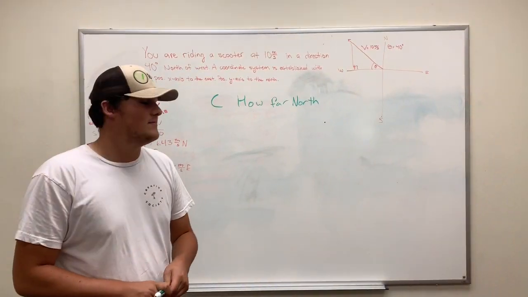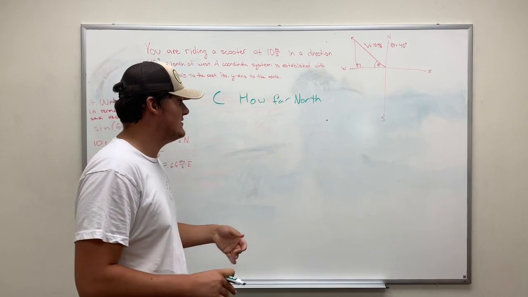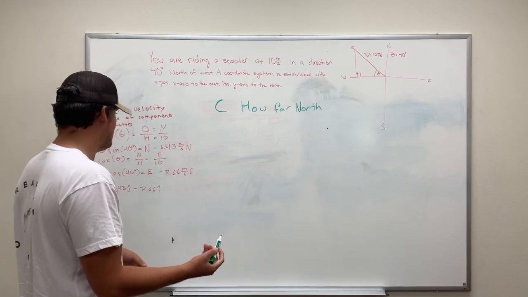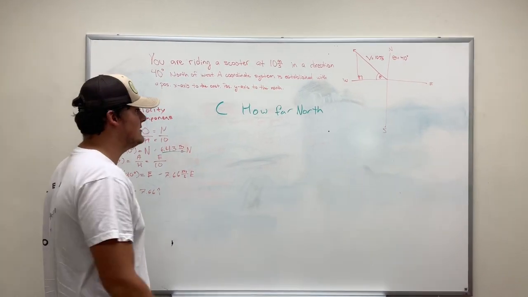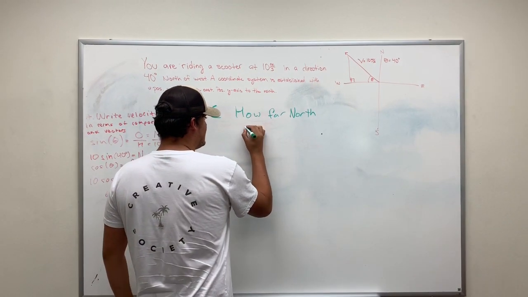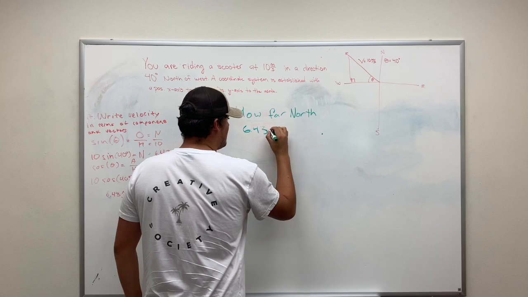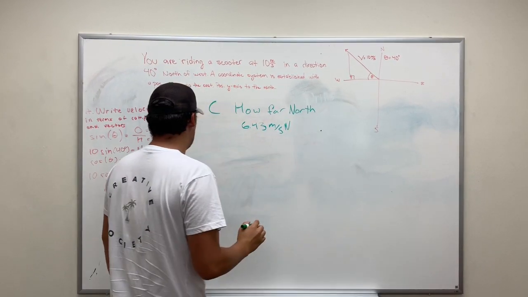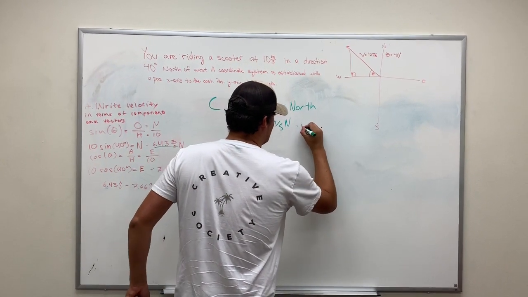So part C is how far north in the same 15 seconds, and it's going to be the same as what we did for how far east. We got 6.43 meters per second to the north, so we're going to use that for our velocity. And then we have the 15 seconds, which is the time.